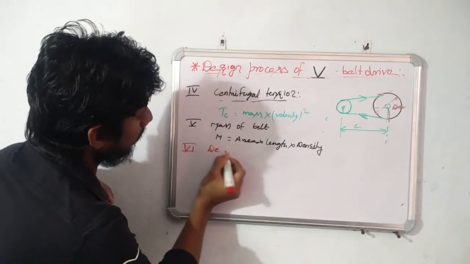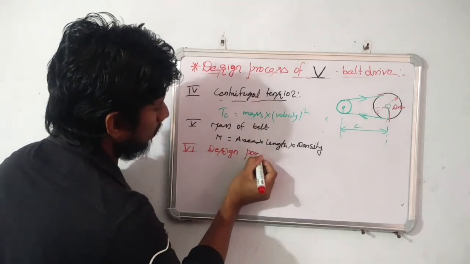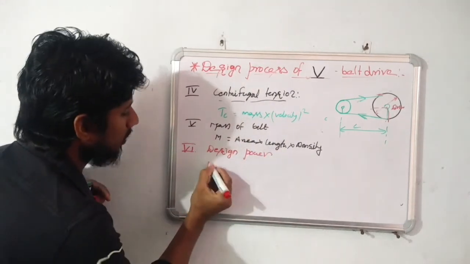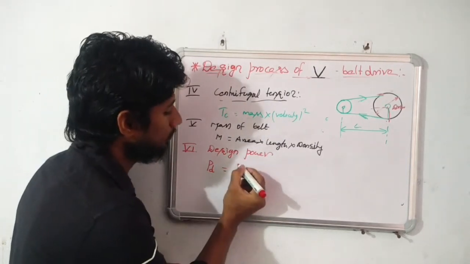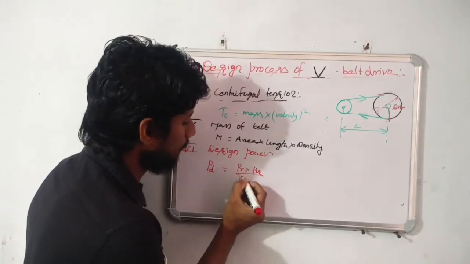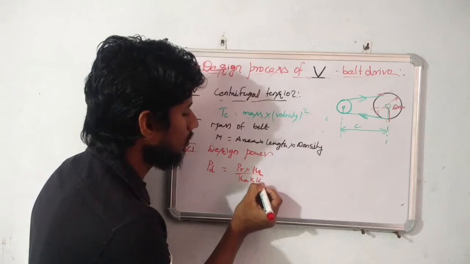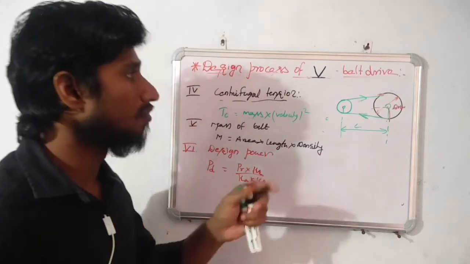So that is the design power. It is denoted by PD. That PD is equal to PR into KS by K into KL. So it is the formula in case of V-belt.